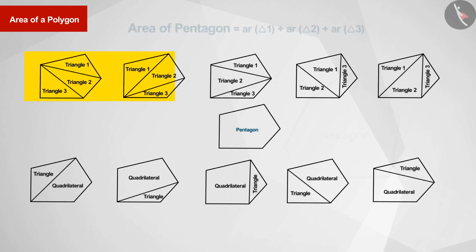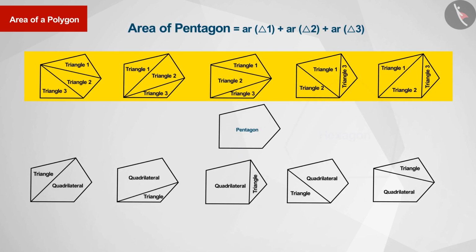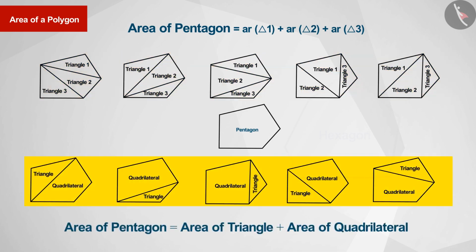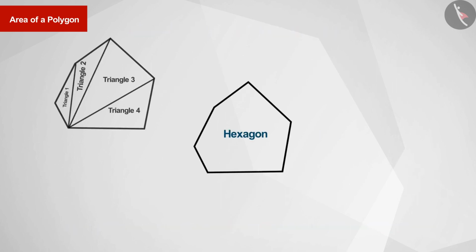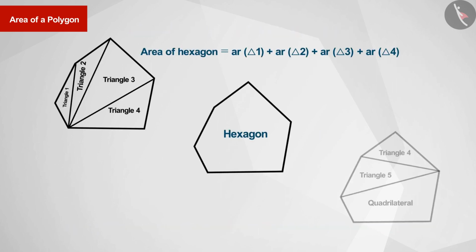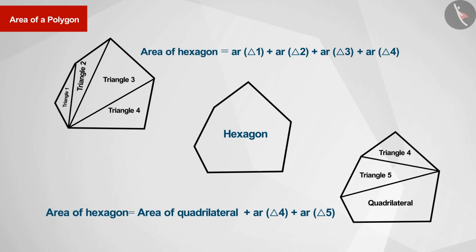Perfect. The pentagon is thus divided into 3 triangles, or its area can be found by dividing it into a triangle and a quadrilateral. And the hexagon is thus divided into 4 triangles, or one can find its area by dividing it into 2 triangles and a quadrilateral.